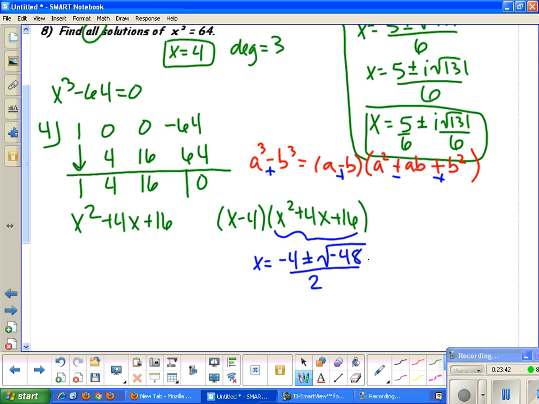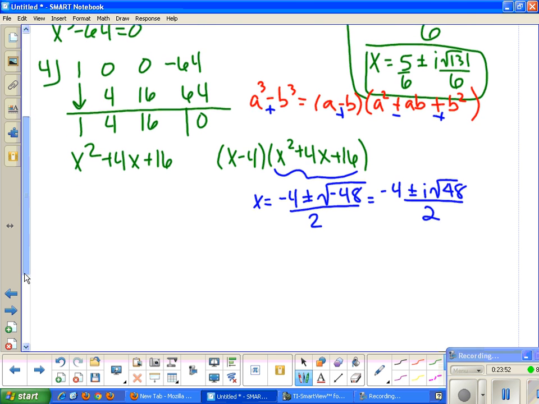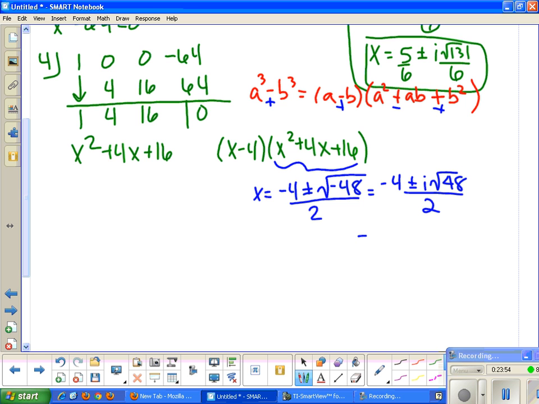And then we can simplify this, so this becomes negative 4 plus or minus i root 48 over 2. The square root of 48 can still be simplified. So this becomes negative 4 plus or minus root 48 becomes 4i root 3, because you always put the number before the variables, over 2.